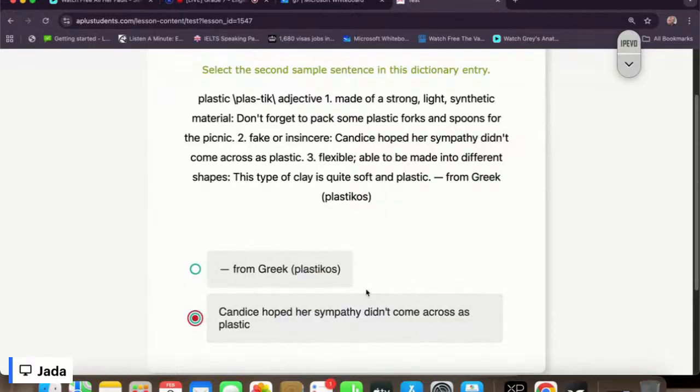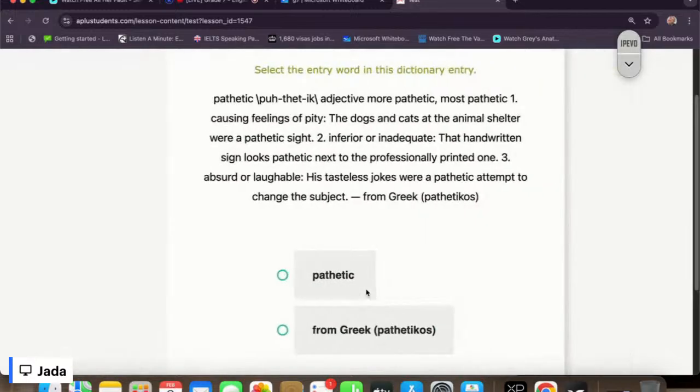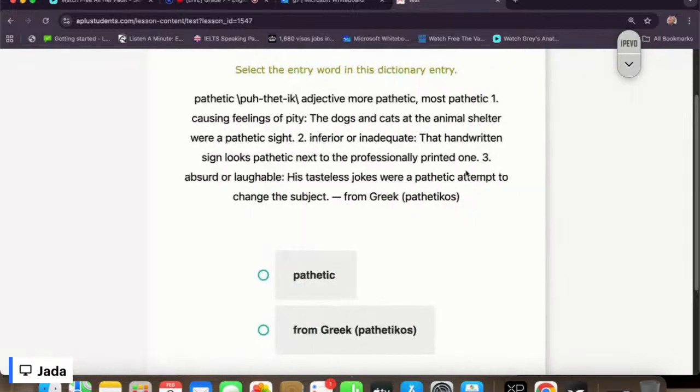So, we have Candice hoped her sympathy didn't cross as plastic. So, what's the entry word in this dictionary entry here?